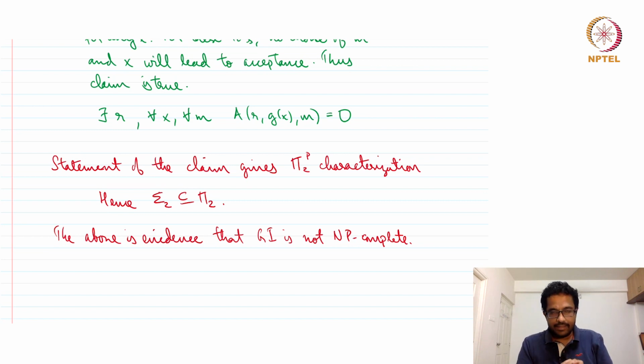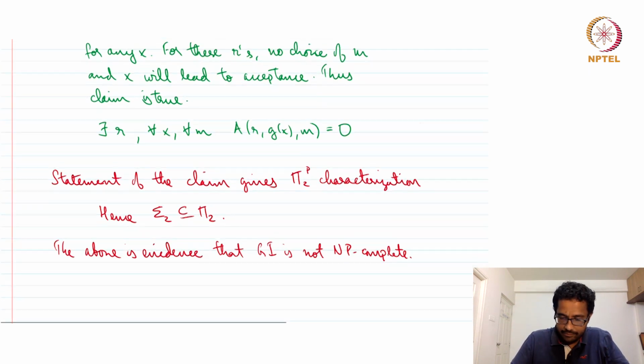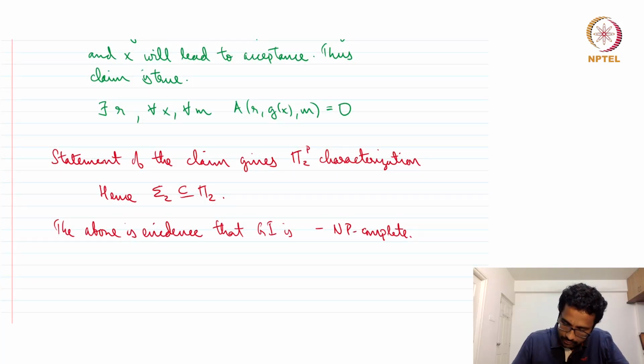This is an indication that, because we believe the hierarchy will not collapse to the second level, or will not collapse at all, graph isomorphism is unlikely to be NP complete.